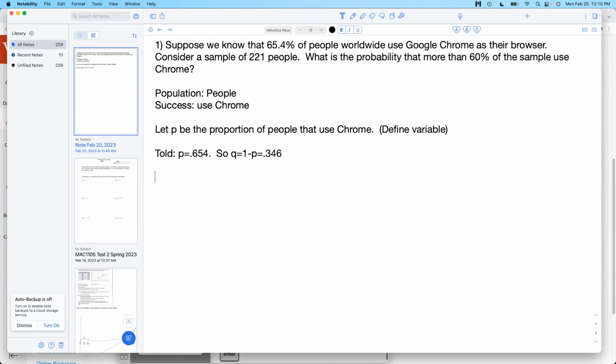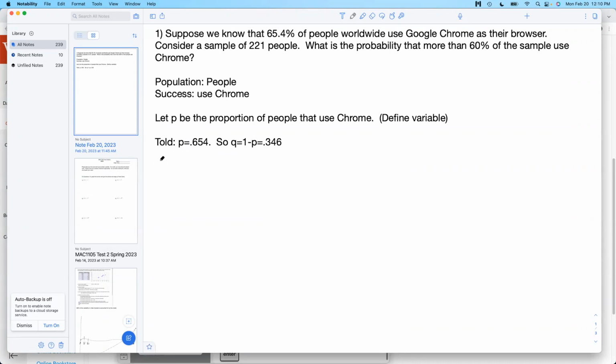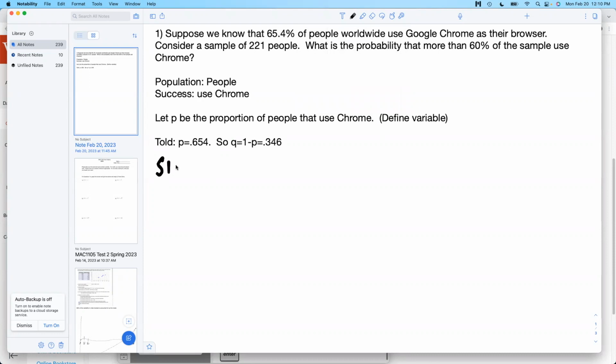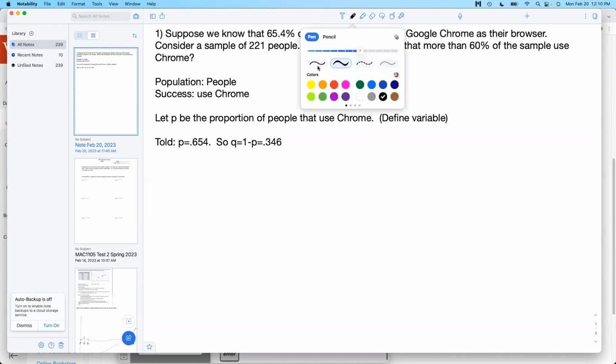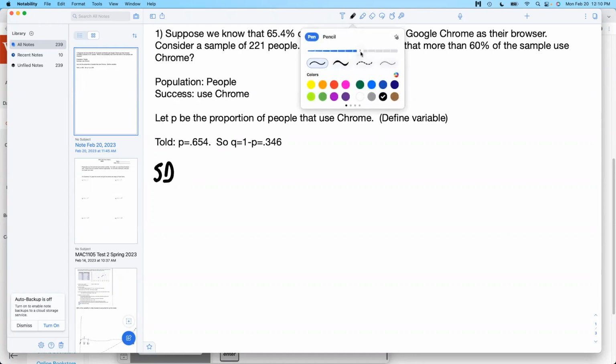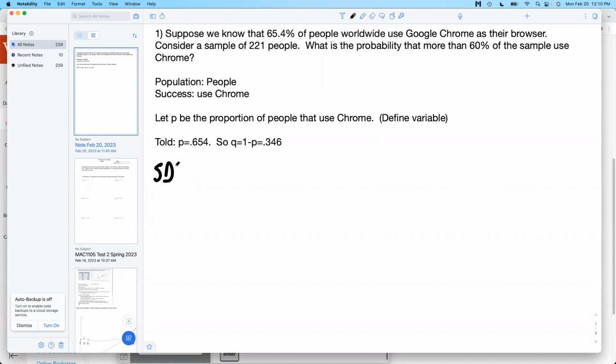Okay, we find our standard deviation. I'm going to start writing. So the standard deviation, according to the central limit theorem, will be the square root of PQ over N. A lot of mistakes happen here.